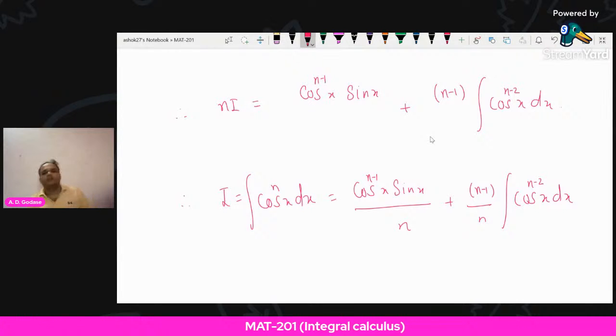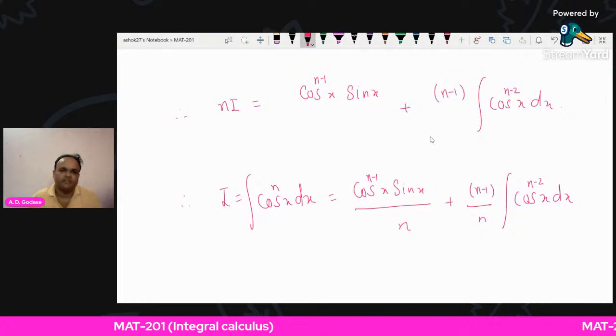So this is the required reduction formula in the case when n is an even integer.